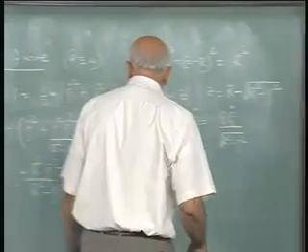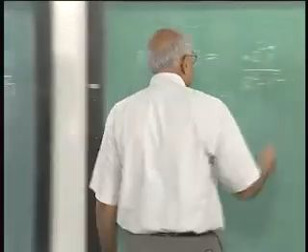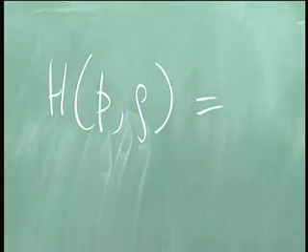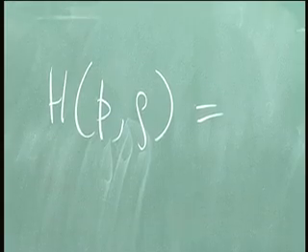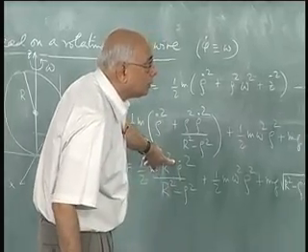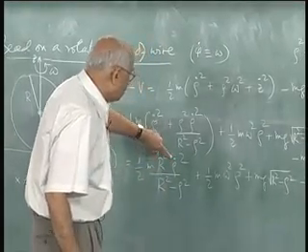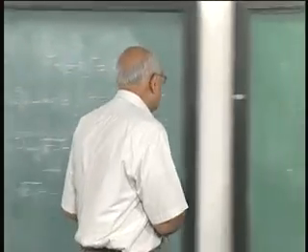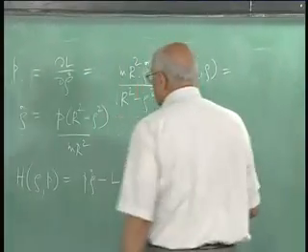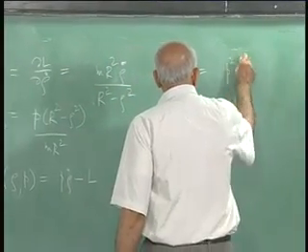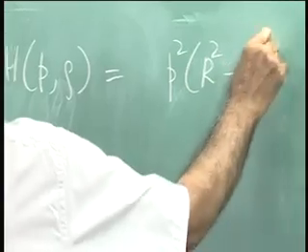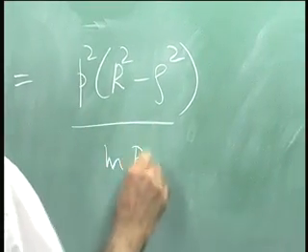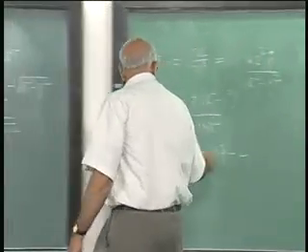So H of P and rho equal to, and we could write this down immediately. P rho dot is P squared times r squared minus rho squared over m r squared. That takes care of the P rho dot term.